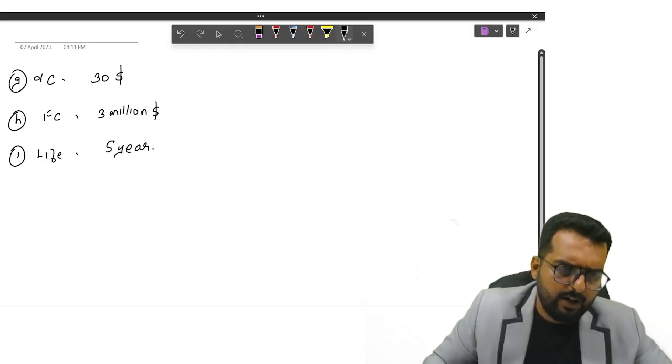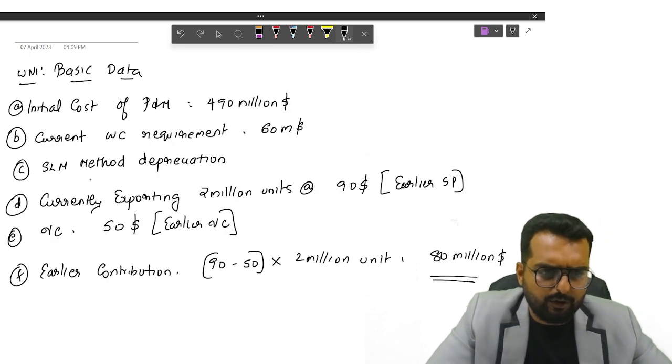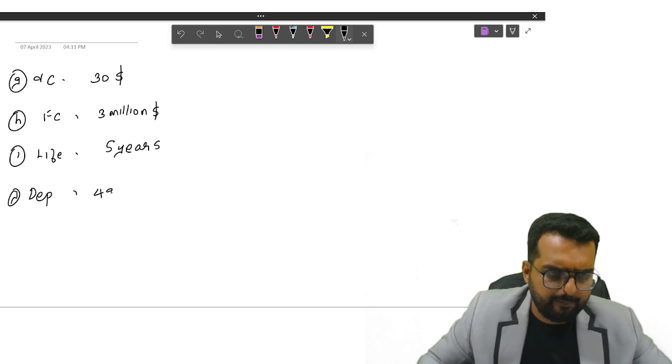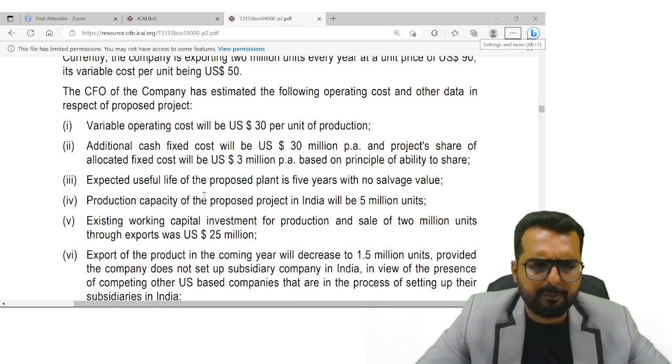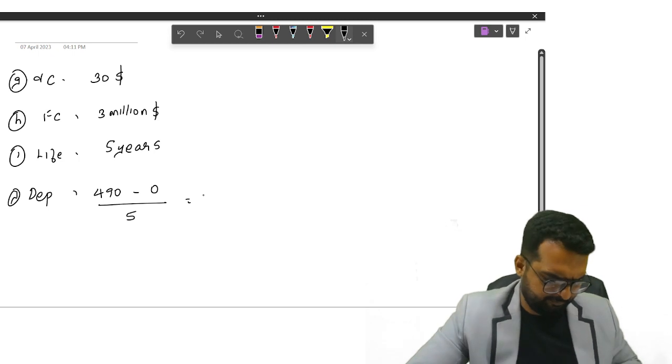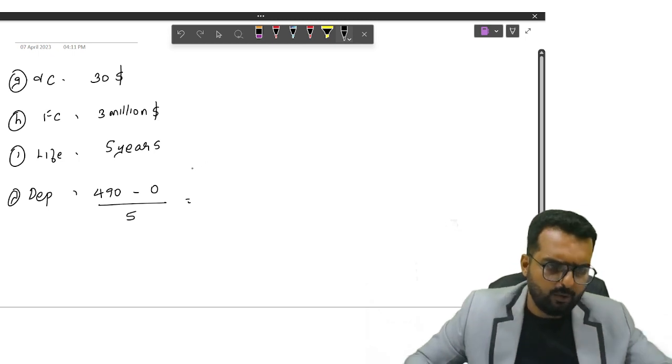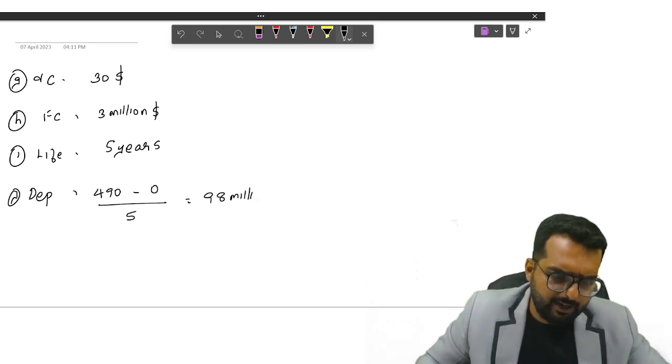Friends, if you know the life, I can find out the depreciation, because the plant and machinery cost is 490, minus 0, divided by 5. Do I get the depreciation as $99 million?